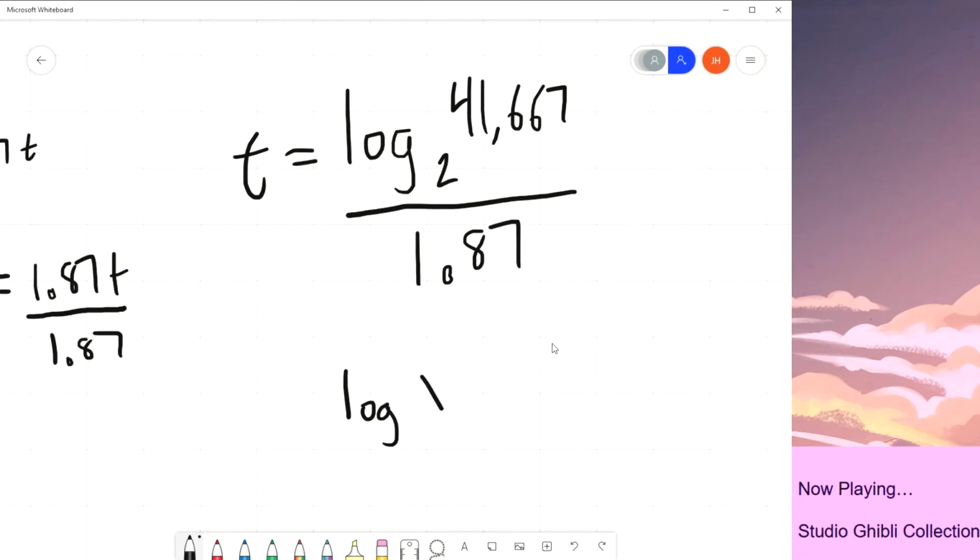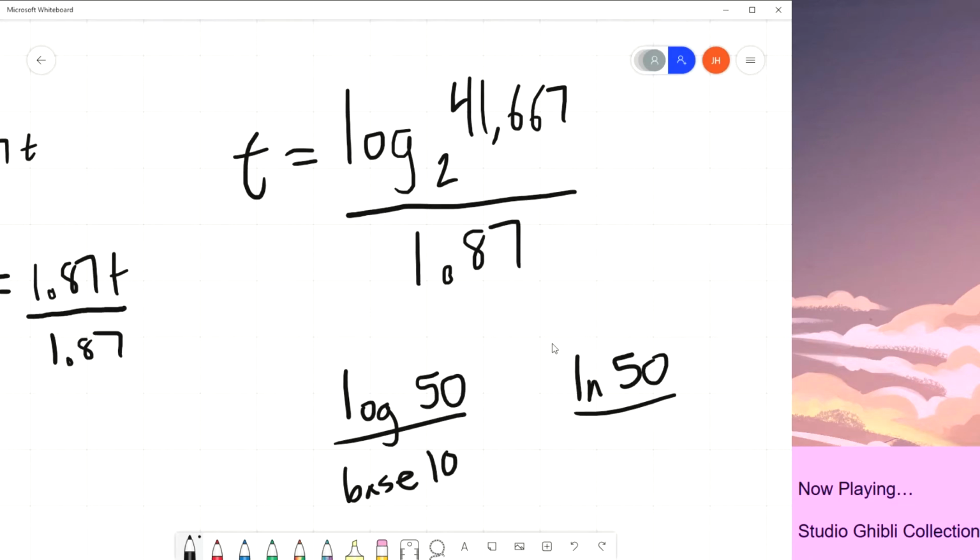We were only able to evaluate like log of 50, or the natural log, base e of 50. So we were only able to use base 10 and base e. So how do I evaluate a log with base 2?